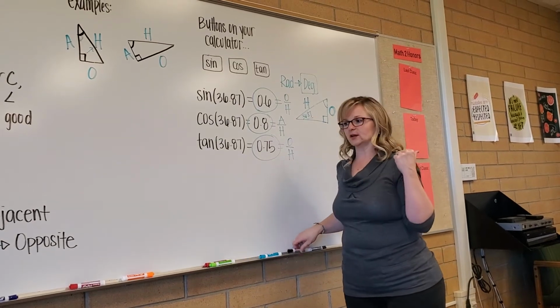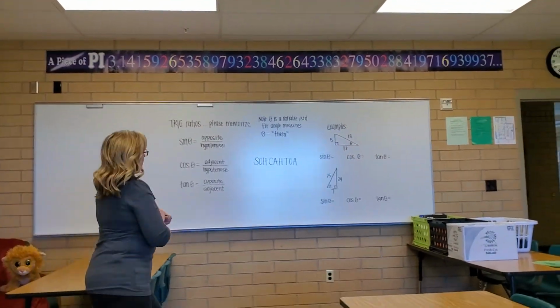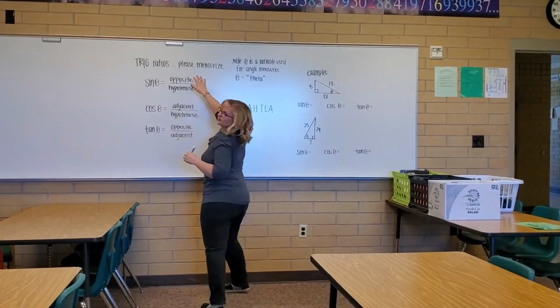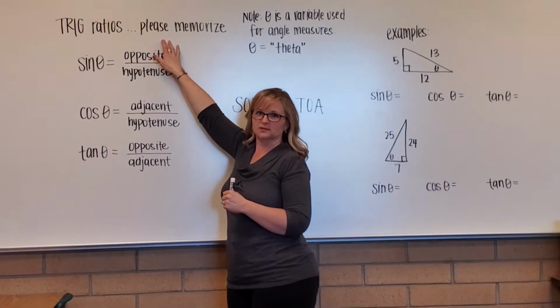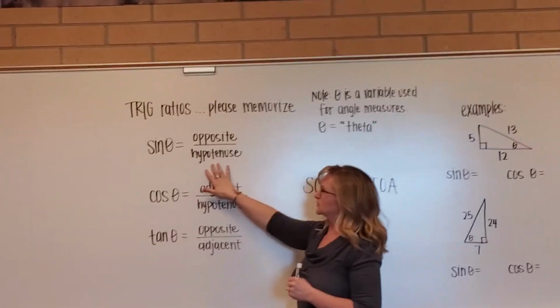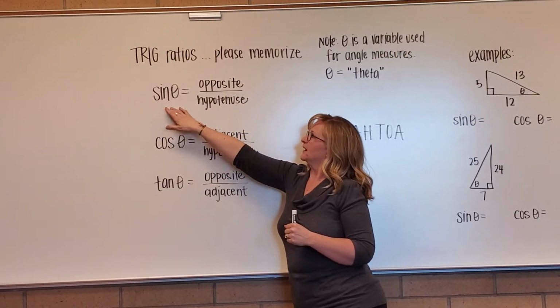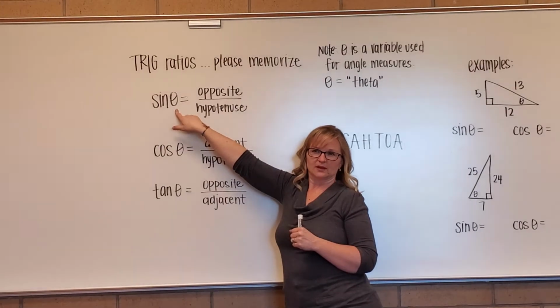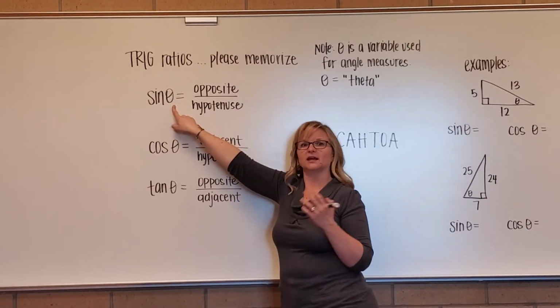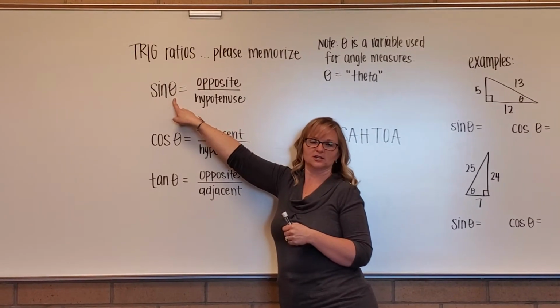So we're gonna hop over onto this other whiteboard really quick and do a couple of examples over here. So I wrote out the trig ratios, and this needs to be memorized, okay? So we're gonna come closer and show you each of these. So we've got sine, and there's this weird symbol. This symbol is a variable, just like X and Y or A and B, but this is the symbol theta. It's a Greek letter.